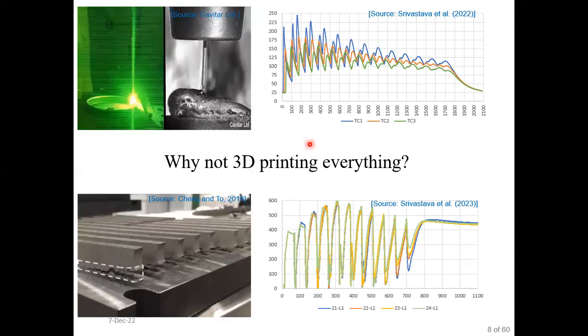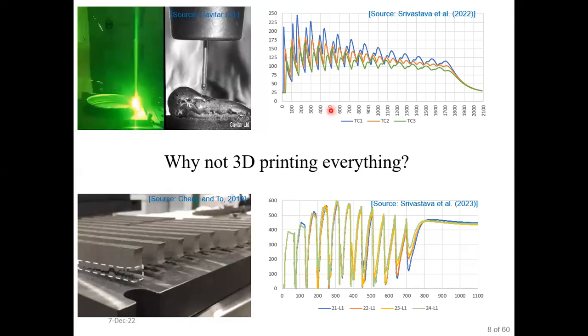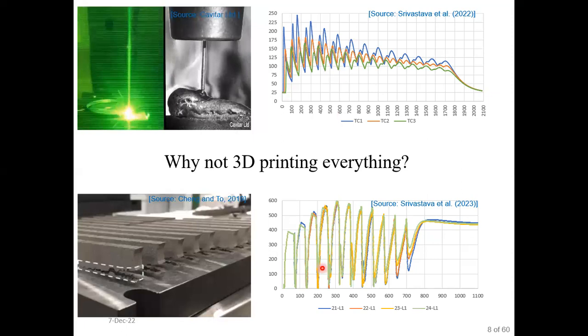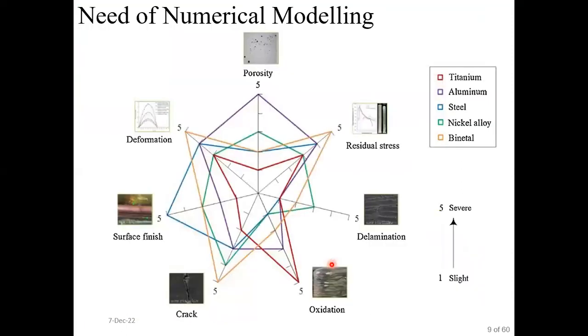First we have to understand the thermal cycles, and based on that thermal cycle, we have to predict the residual stress produced in the component. It can be done in two ways. The first one is the numerical modeling technique, and the second one is hit and trial experimentation. We can see about these two types of approaches in the next slides. But before that, we must understand what is the need of numerical modeling approaches.